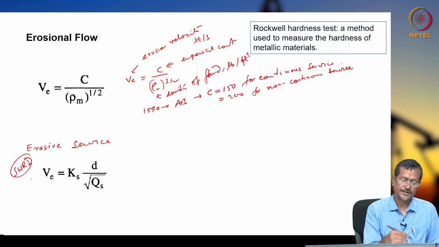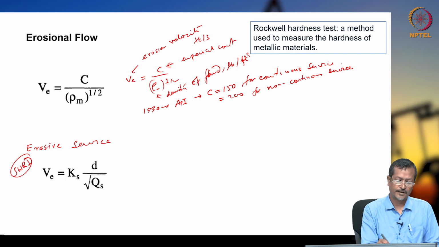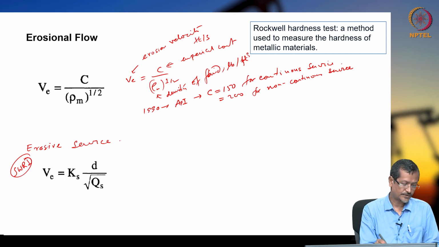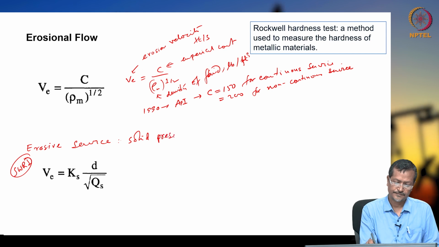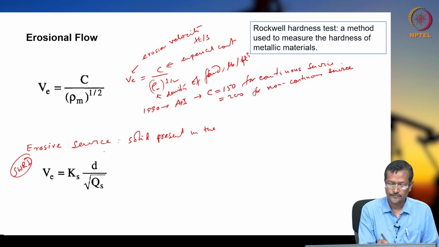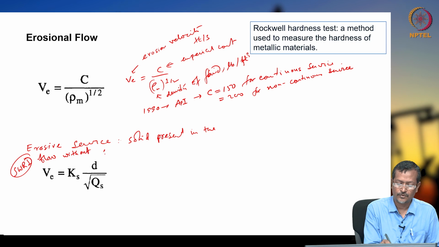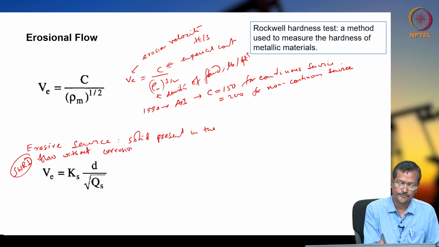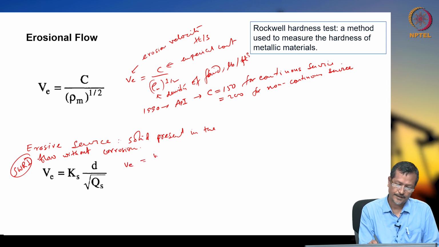SWRI said the upper formula may not be applicable everywhere, so they derived another formula called erosive service for solids, if solids are present in the flow without corrosion. Okay, so the formula is VE equals KS D root over QS.